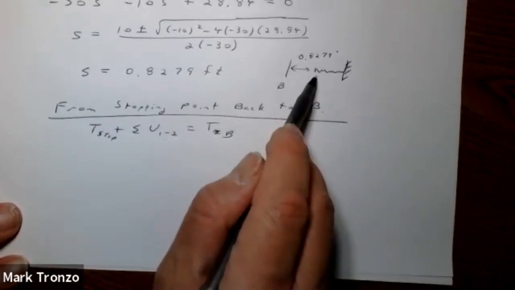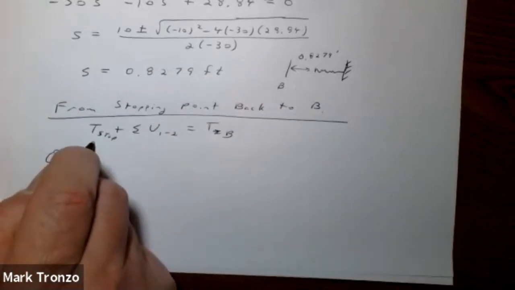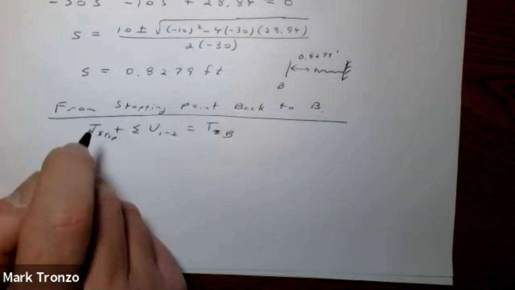So at the stopping point, it stops, so the T at the stopping point is going to be 0.